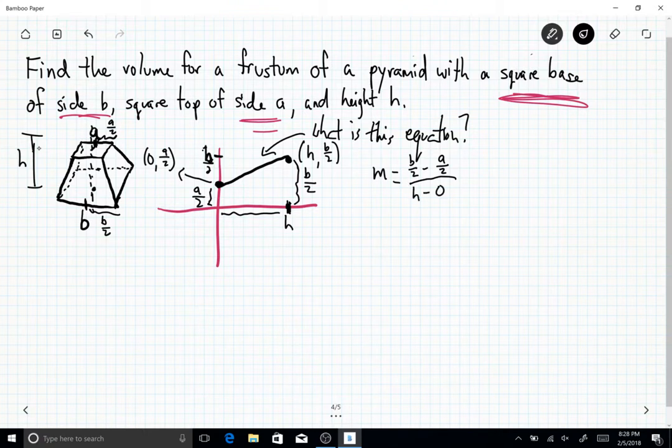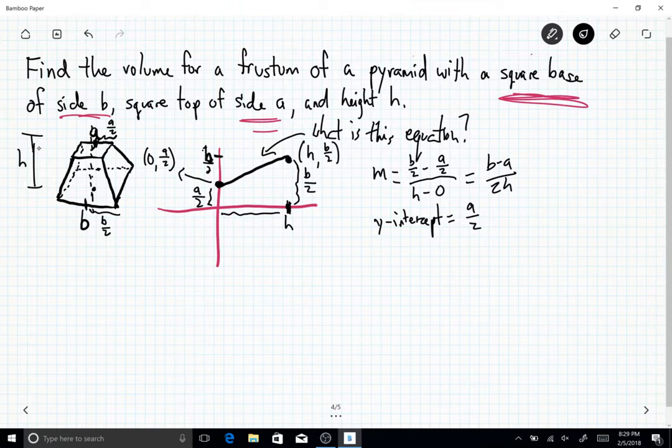That's just our slope formula. An easier way to state this is multiply both the top and bottom by 2, so you get b minus a all over 2h. Now notice our y-intercept is a over 2, just by the way we set it up.